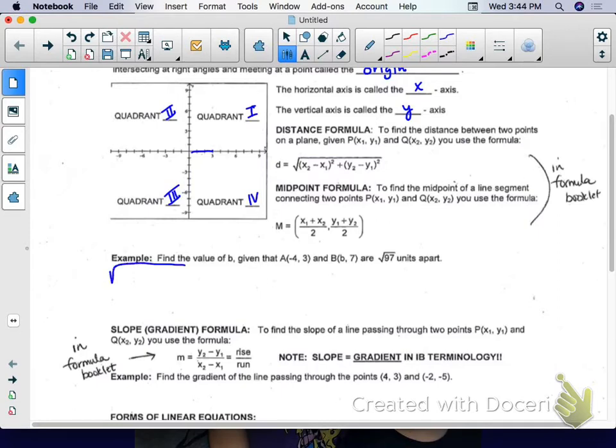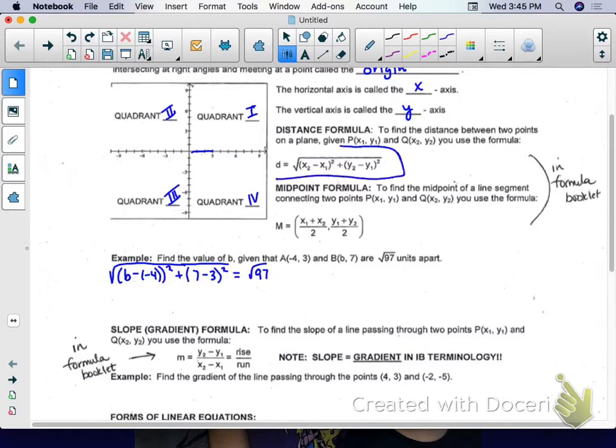We're going to take the square root of x2 minus x1, so b minus -4 squared. Now, you don't have to write minus -4. You can go ahead and make that be plus 4. Plus 7 minus 3 squared is equal to the distance, and the distance is the square root of 97.